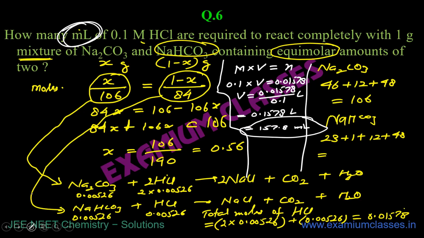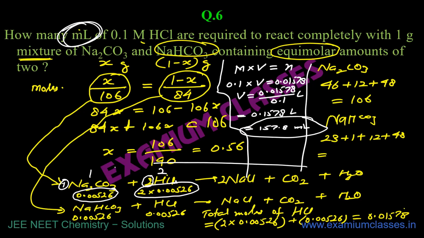Right, in one case, if nothing is written here, it means it is 1 mole. Okay, and how many moles are there? 2 moles. So in this case, if I have X moles consumed here, double the moles of this one will be consumed. Is that clear? Because the ratio is 1:2. 1 mole, 2 moles.